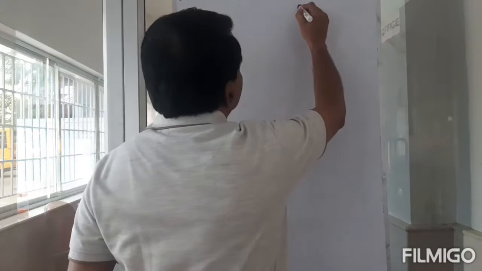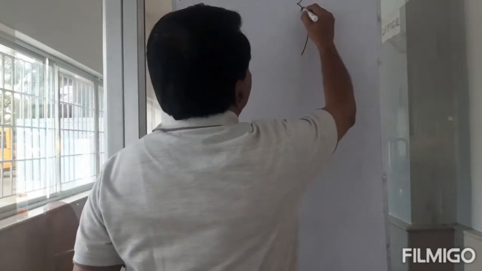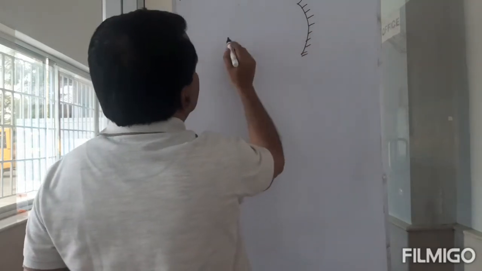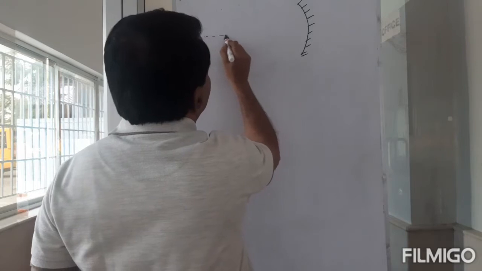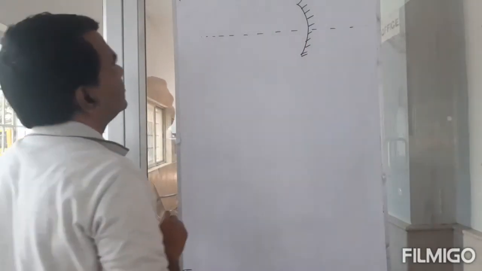Okay, now we are truly ready to derive the mirror equation. So I'm going to take a concave mirror. So this is a mirror, and this is the axis of the mirror.